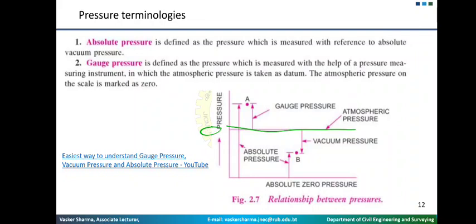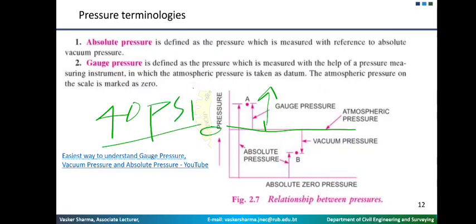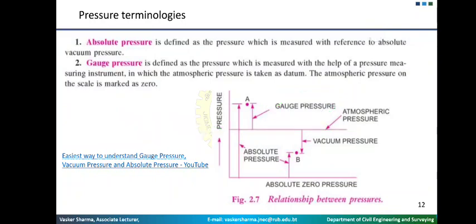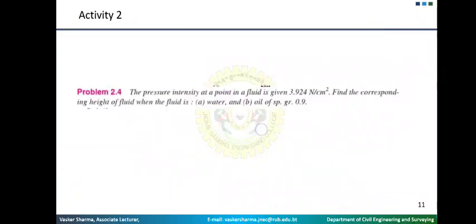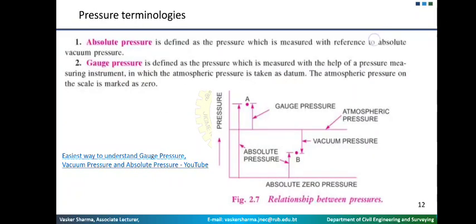Whenever we are applying a tire pressure, it is marked from here. When you put the pressure, we measure 40 psi, 33 psi and so on. That pressure that we are measuring is actually the gauge pressure, because it is marked above your atmospheric pressure, making atmospheric pressure the datum.